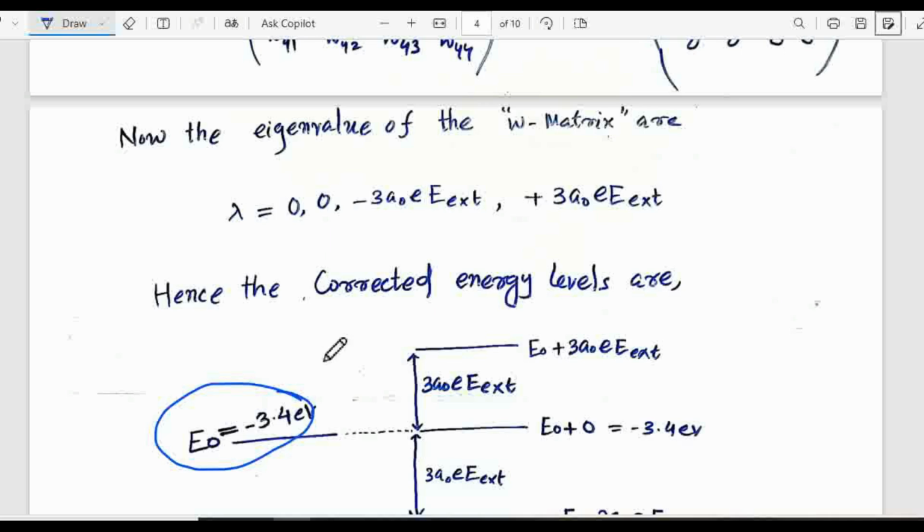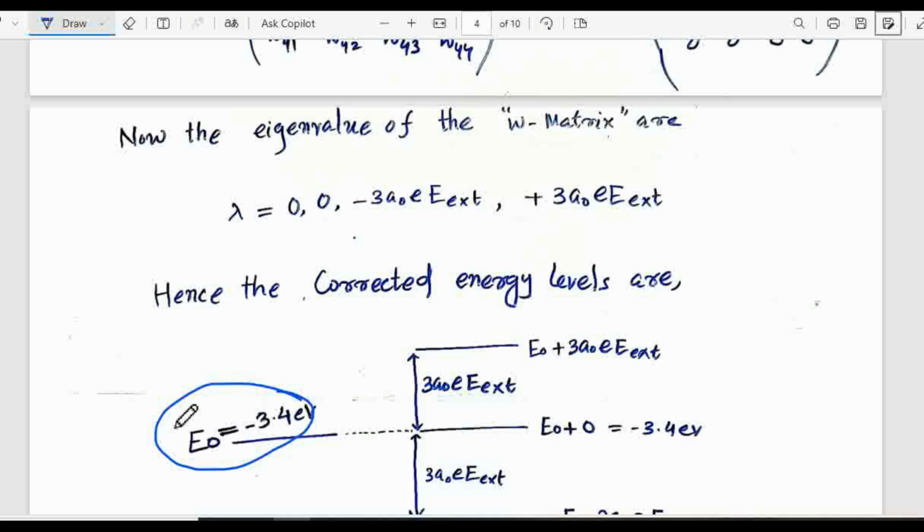Now the eigenvalue 0, 0 means there are two states which do not split. That means they coincide with the initial state.